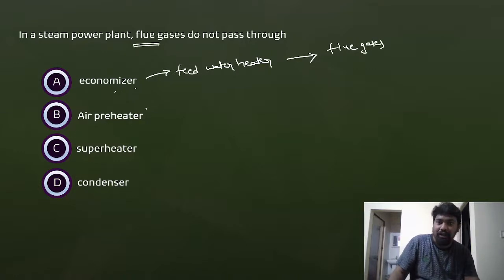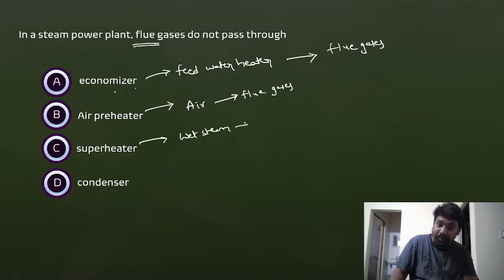Then air preheater. Air preheater will drag some air from external forced draft fans. It will heat the air through the heat from flue gases only. So it is not correct. Then superheater. Superheater will convert wet steam to superheated steam.